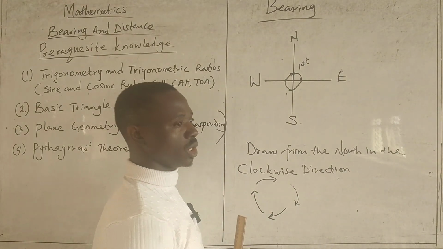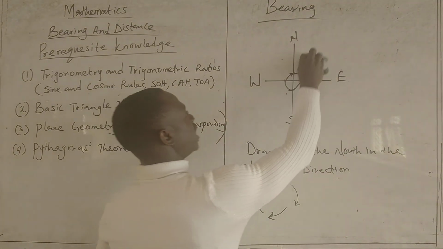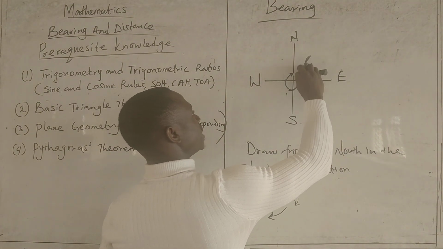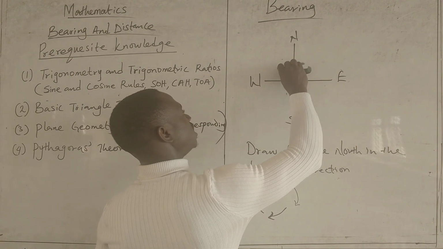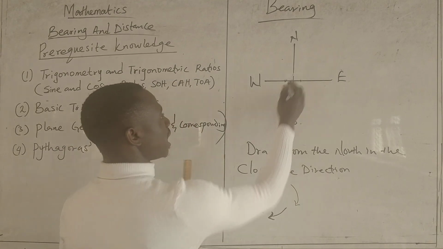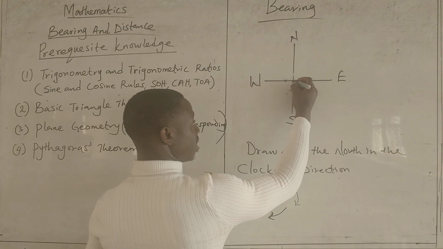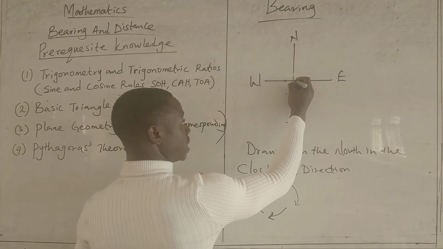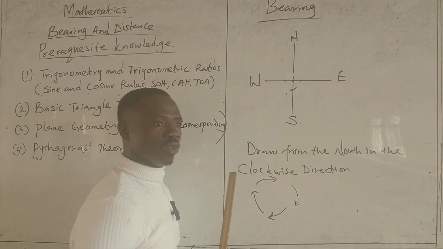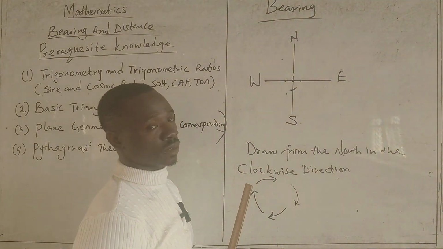Now, for example, if they say the bearing of A is 30 degrees from a point O. So let me assume this is a point O. The point O is going to be the center of these four cardinal points, the midpoint here. So they say A travels 30 degrees.